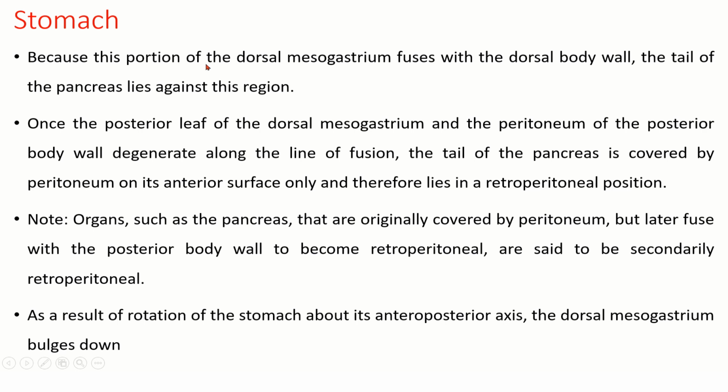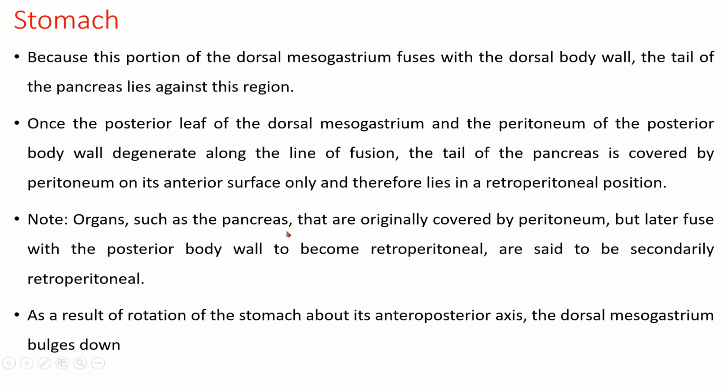Because this portion of the dorsal mesogastrium fuses with the dorsal body wall, the tail of the pancreas lies against this region. Once the posterior leaf of the dorsal mesogastrium and the peritoneum of the posterior body wall degenerate along the line of fusion, the tail of the pancreas is covered by peritoneum on its anterior surface only. Therefore, it lies in a retroperitoneal position.